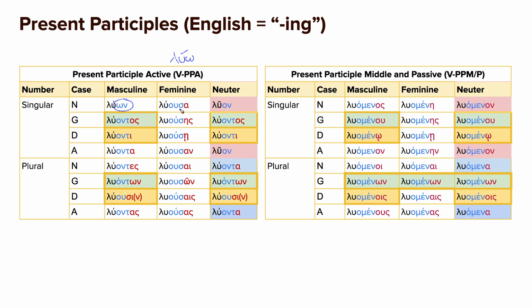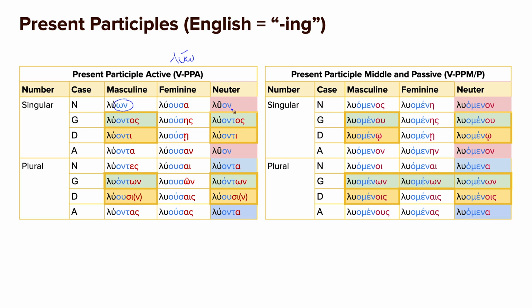All right, in the feminine, we have a little bit of a change. Instead of ōn, you have ousa. Ousa is a little more feminine than ōn. Luousa, and then luouses, luouse, with our little iota subscript. Luousan, luousai, luouson, luousais, luousas. All right, so it's similar to our alpha pattern in the first declension nouns.